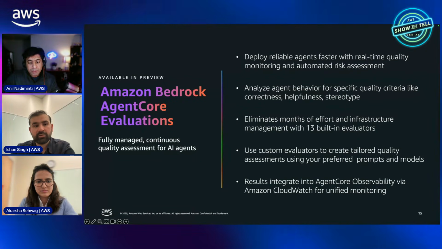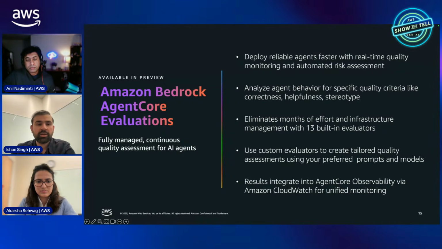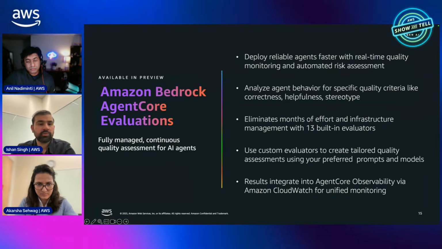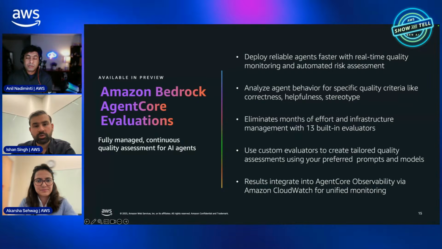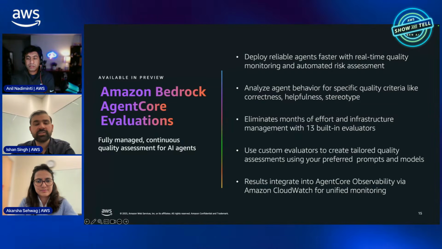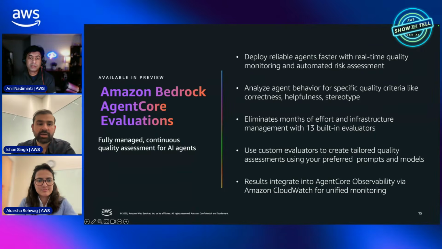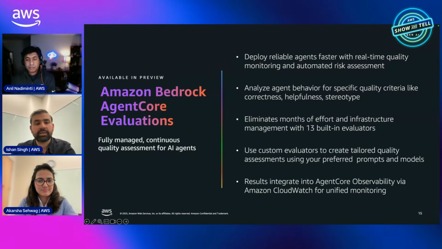And when I say evaluators, currently the service supports LLM as judge in a reference-free style. So you could build any type of evaluator, be it on tool selection or tool parameter accuracy, or across the entire session, looking at whether my agent is meeting the goal or not, and things like those.